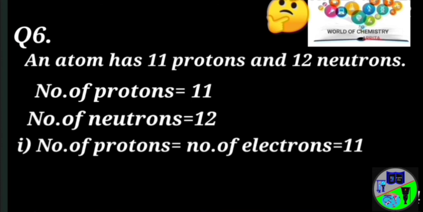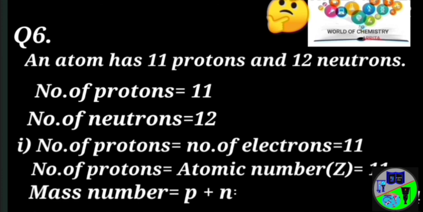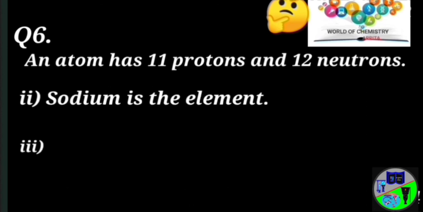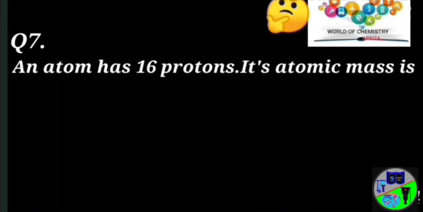Number of protons is equal to number of electrons, which is 11. Number of protons is the atomic number, that is 11. Mass number is equal to protons plus neutrons, it's 23. Name of the element is sodium and its notation is Na, with mass number 23 and atomic number 11.